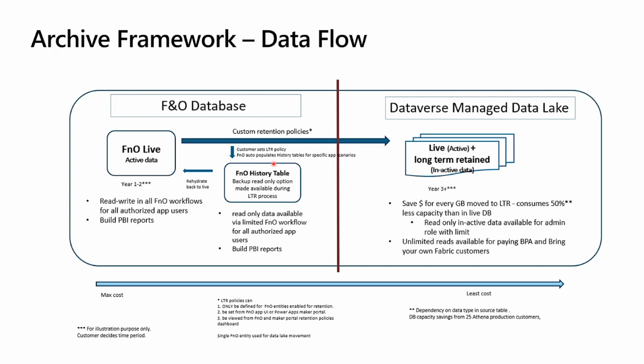For example, if it's sales line, we'll move it to the sales line history table. And then we go back to our Dataverse managed data lake and mark those records as archive.